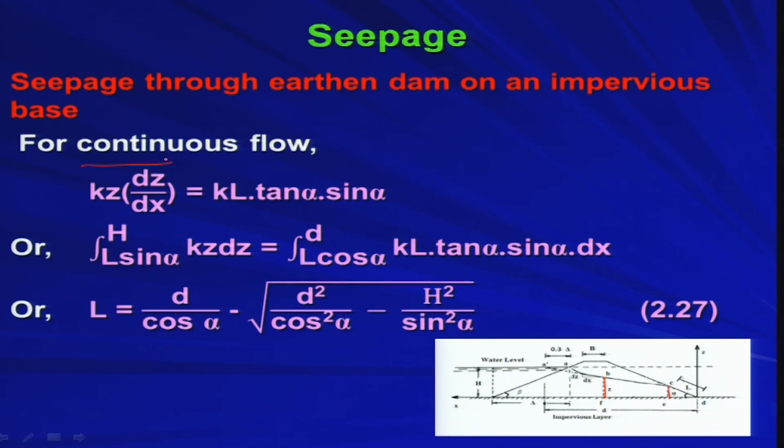Now we do the integration, and the limit is L sin alpha. As x varies from section CE to BF, z varies from L sin alpha to h, because you are considering the whole thing, from A prime to C. I hope you are understanding this. This is my starting point, and I can go up to point A prime.